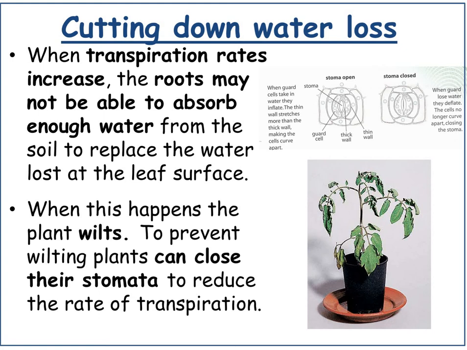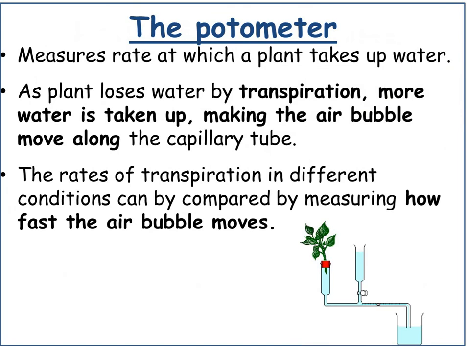To prevent the plant from wilting, plants can close their stomata to reduce the rate of transpiration. The guard cells, which surround the stomata, can either open or close depending on whether the plant needs to retain the water or whether it can open the stomata for photosynthesis.